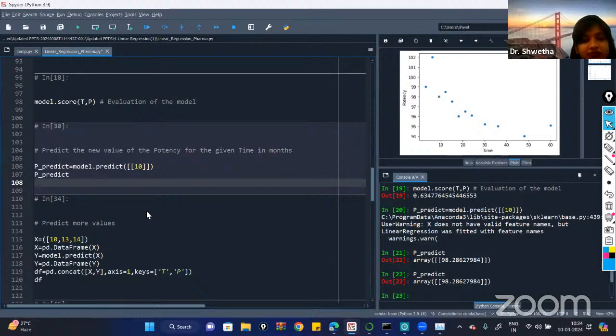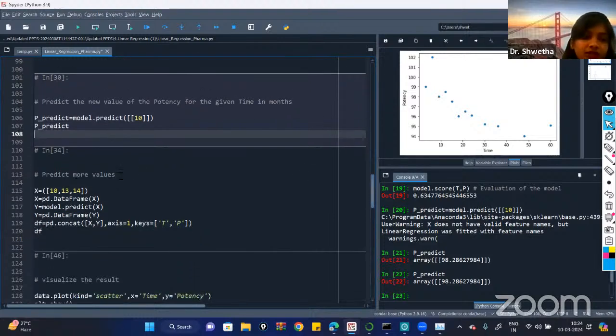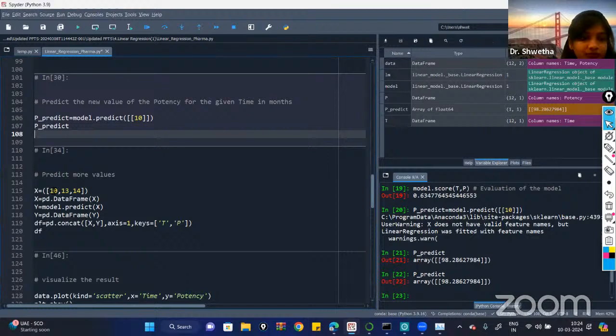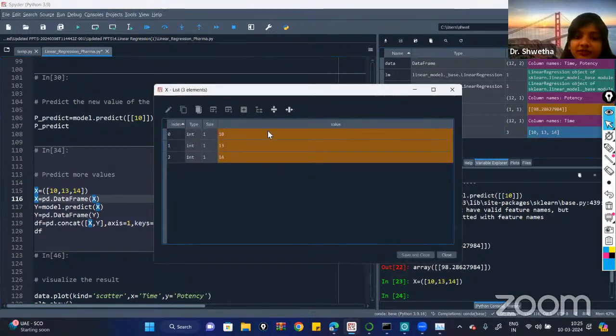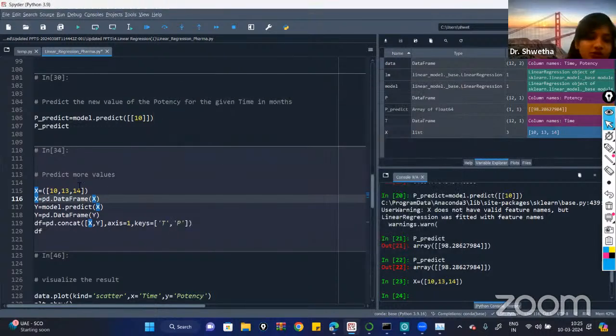Next, we can predict for more values. Now we are taking a new data frame or a list of values: 10, 13, and 14. X is a list which has 3 values: 10, 13, and 14. The type of this was list. Next, we are converting it into a data frame.